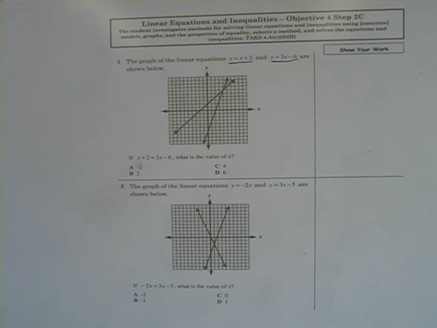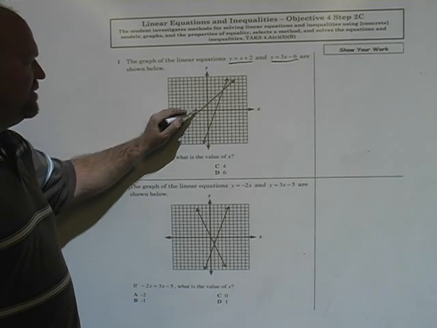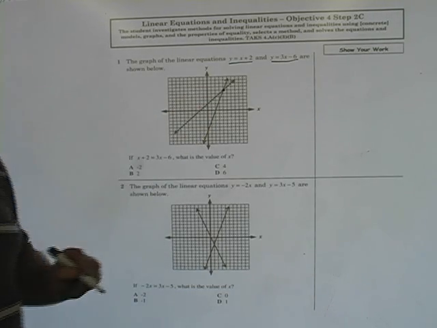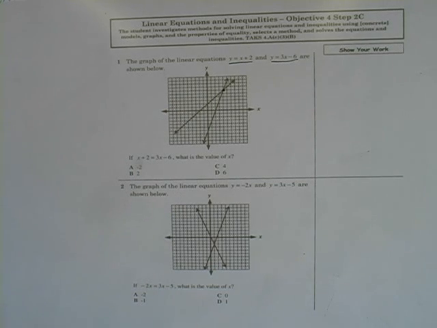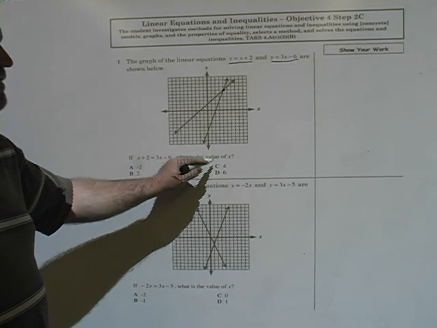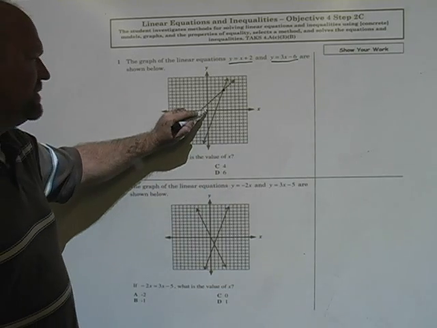So you could see from that that what they're asking you is where are those two lines equal? Well, all you got to do is go find where they touch each other. Right there. That's where they're equal. And at that point, they want to know what is the value of x.